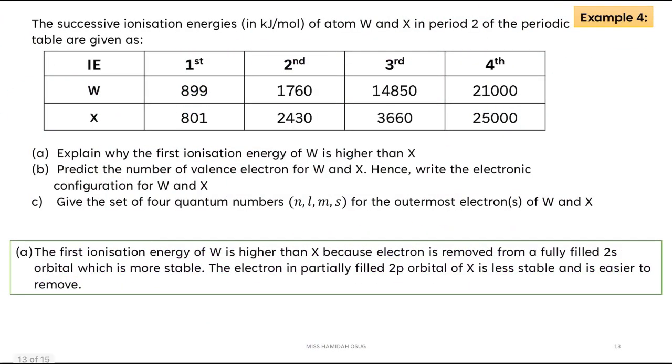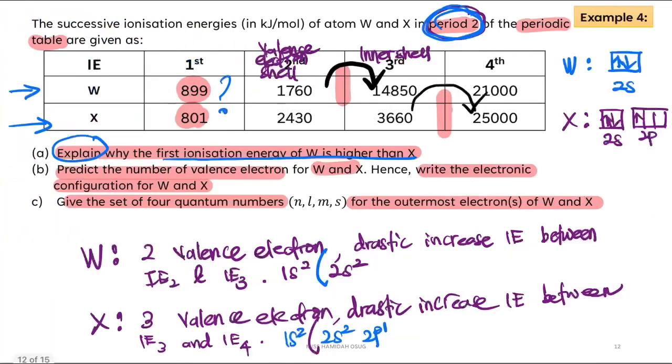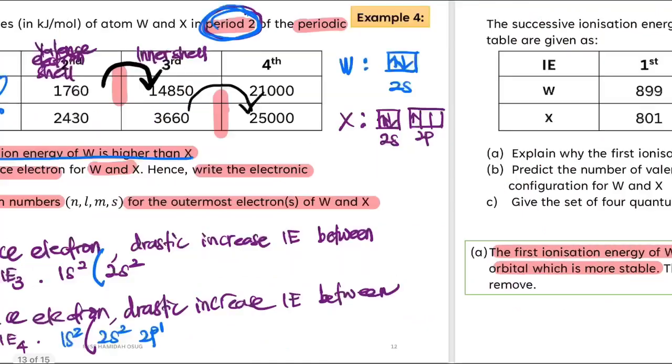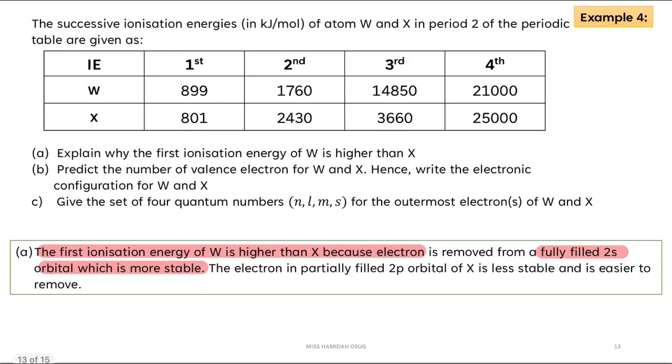So ini adalah jawapan yang full untuk soalan A. So bila kita tengok tadi, orbital diagram untuk W, kita nampak bahawa first electron to be removed itu is located at the 2s, yang mana 2s itu dia fully filled orbital. Okay, so maksudnya untuk remove one electron daripada fully filled orbital yang sudah stabil itu, ianya akan memerlukan lebih banyak tenaga.